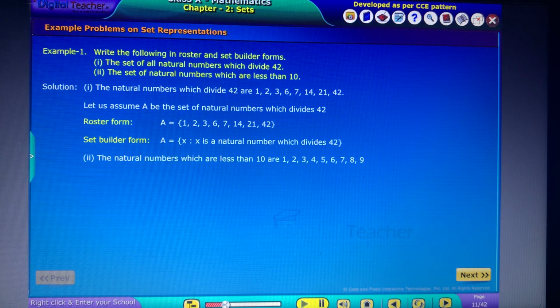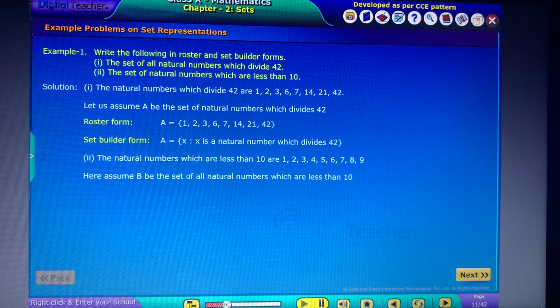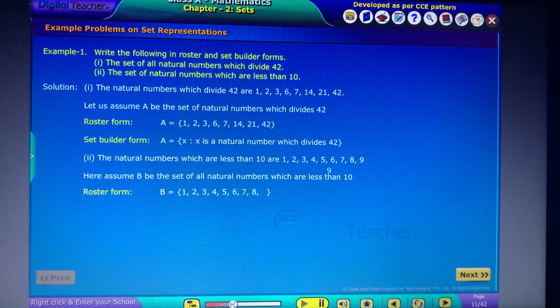The natural numbers which are less than 10 are as shown. Here, assume B be the set of all natural numbers which are less than 10. Therefore, in roster form, we can write as shown. And also in set builder form, we can write as shown on screen.